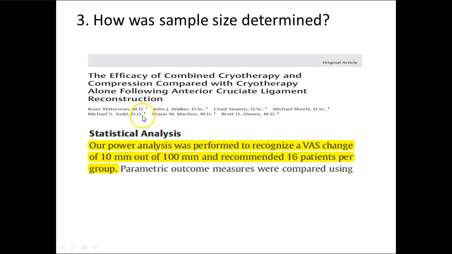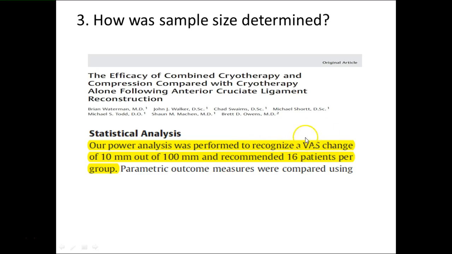And you can traditionally find this in the methods section under statistical analysis. And so this article, again, reports sample size beautifully, right? Our power analysis was performed to recognize a visual analog scale change of 10 millimeters out of 100 millimeters as recommended, 16 patients per group.